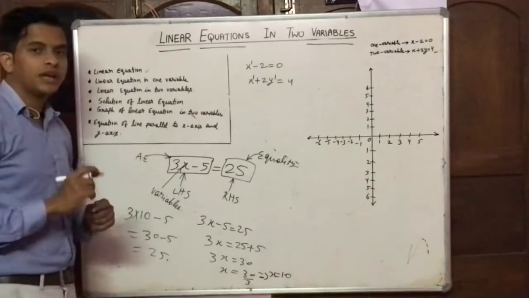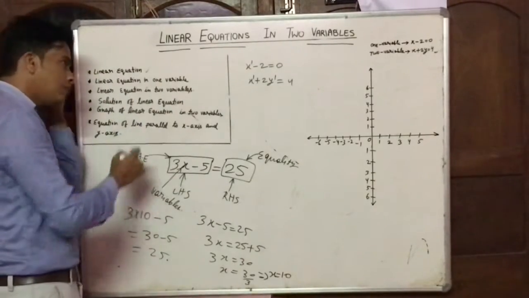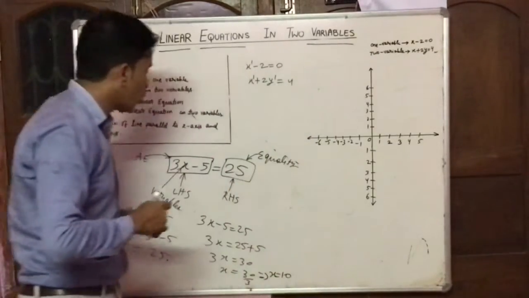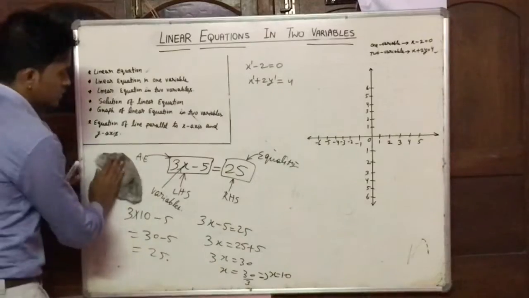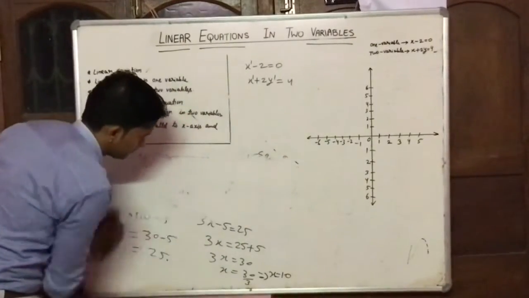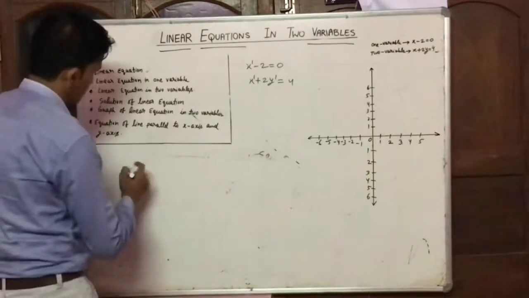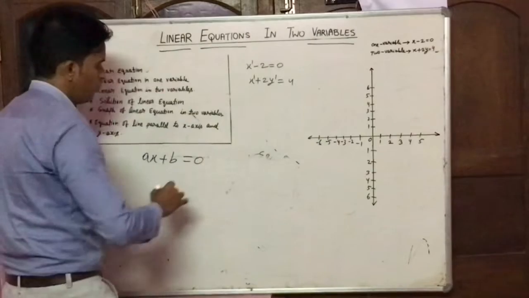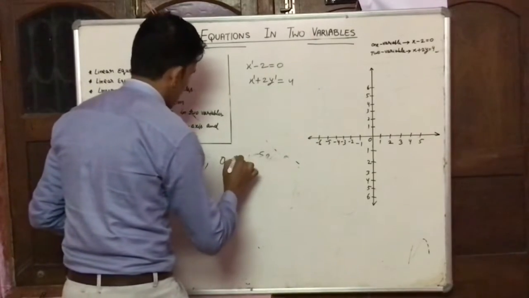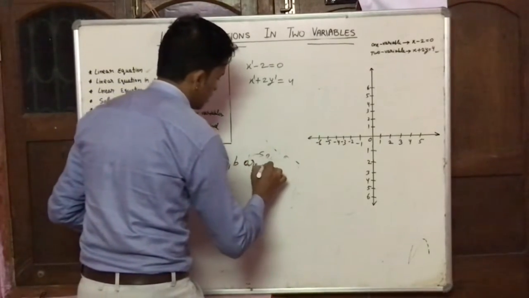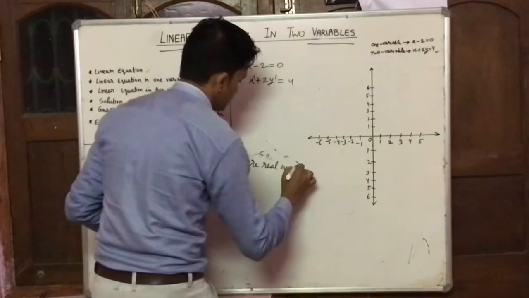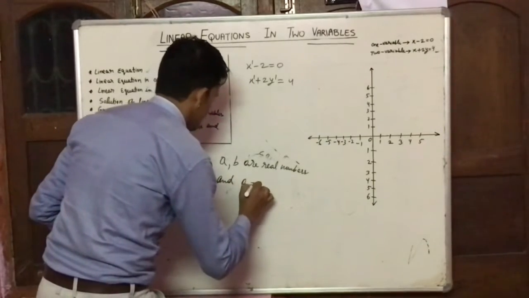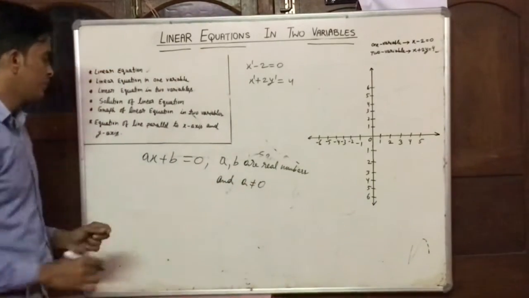Now linear equation has two parts, that is, linear equation in one variable. If I talk about the general equation: ax plus b equal to 0, where a, b are real numbers and a is not equal to 0.